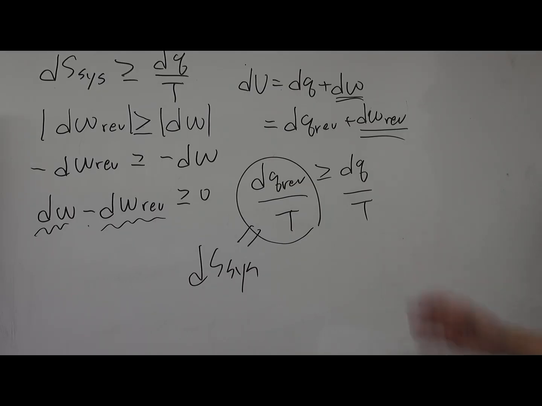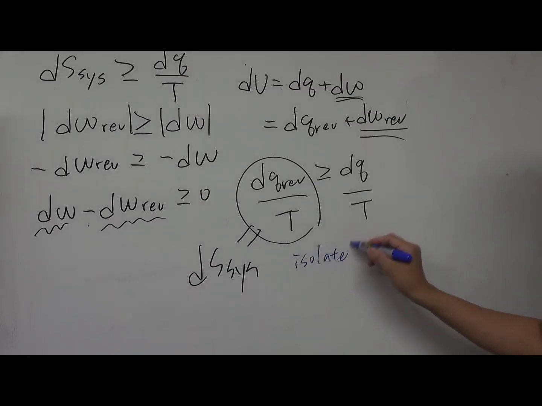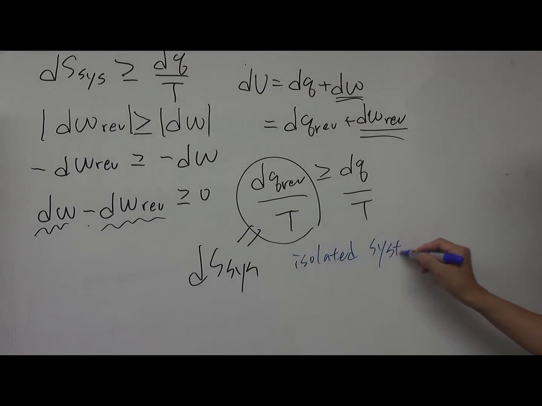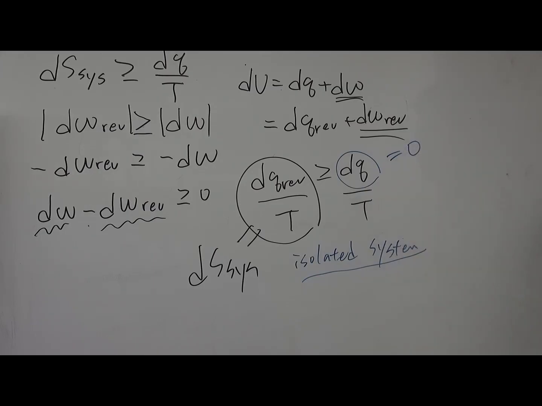The importance of this Clausius inequality is that it shows the consistency between the mathematical expression and the second law of thermodynamics. For example, let's say that the system is isolated. For an isolated system, q is 0, right?